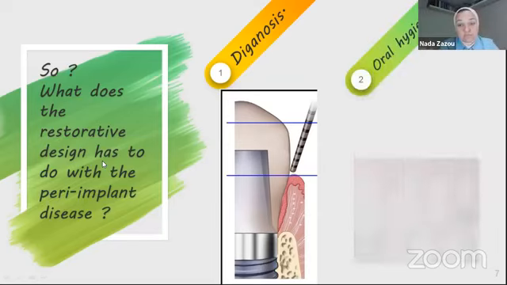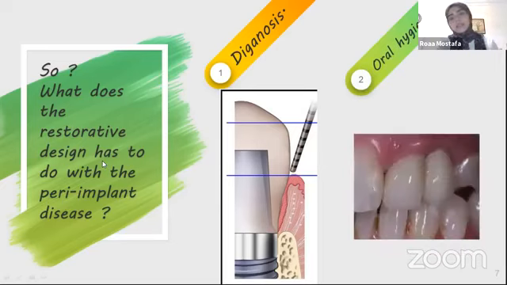And second, the oral hygiene, both for me as a dentist and for the patient. For me, in the maintenance visits, there shouldn't be any problem in doing the curettage, and for the patient at home, he should be able to do proper oral hygiene with the restoration.